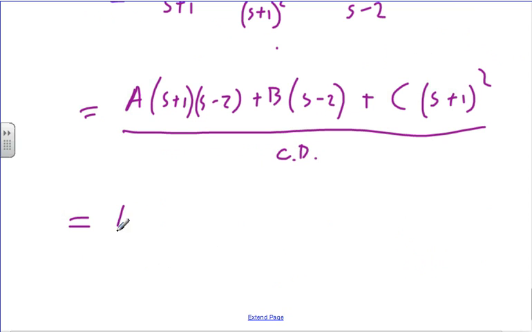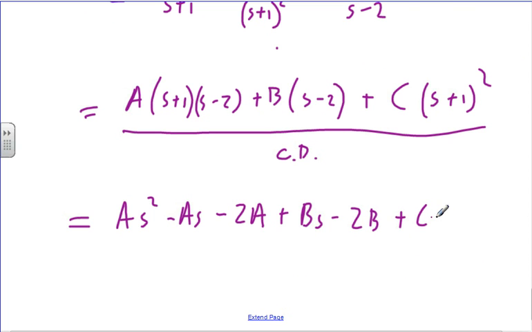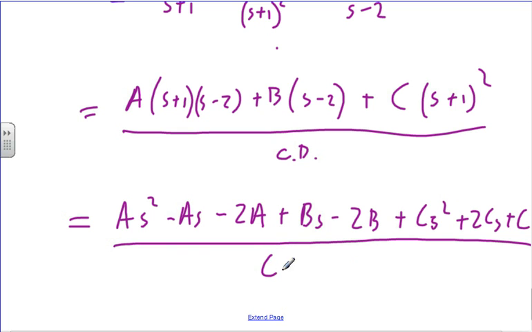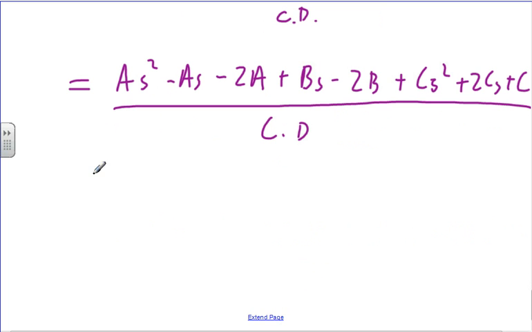All right, so I got a s squared minus a s minus 2a plus b s minus 2b plus c s squared plus 2c s plus c over my common denominator. All right, so I look at the s squared term and I find a plus c is 0.